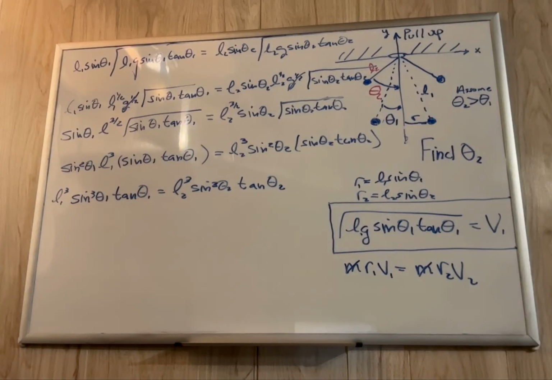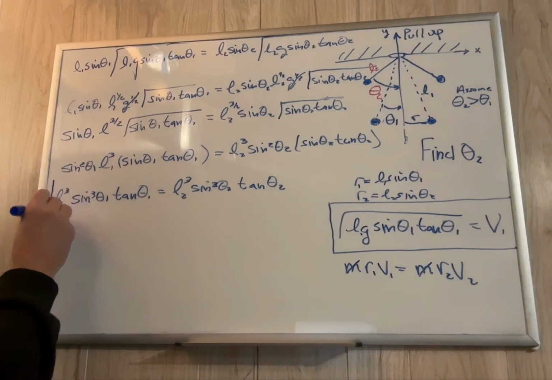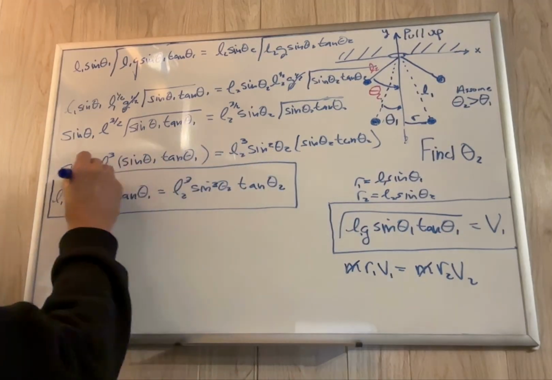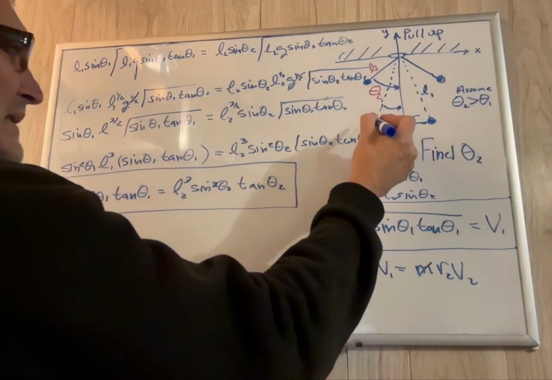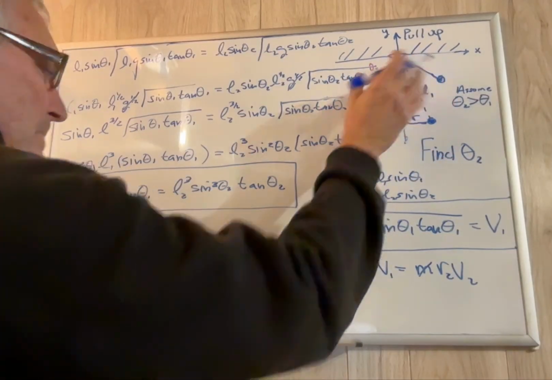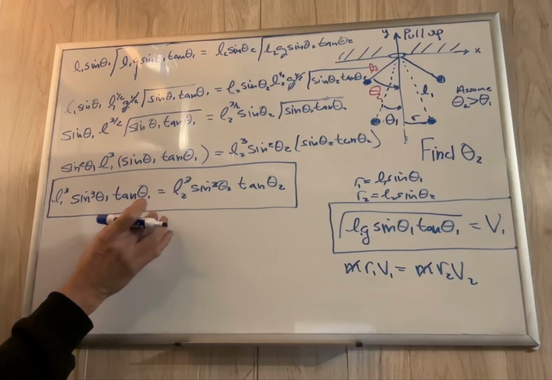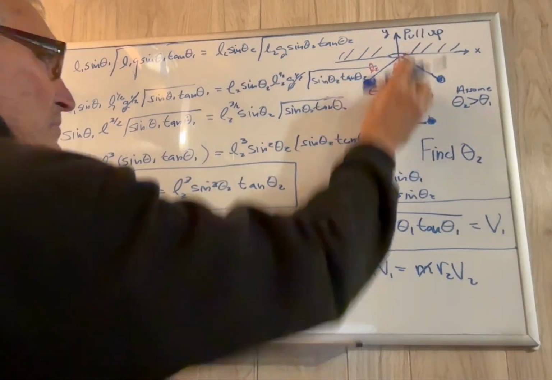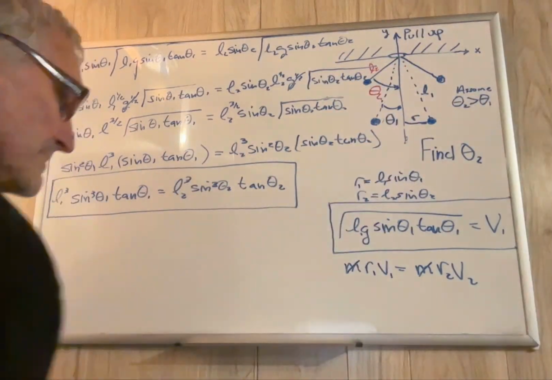Okay, so this is the relationship between the two instances. This particular equation is going to tell you what's going on between these two instances.